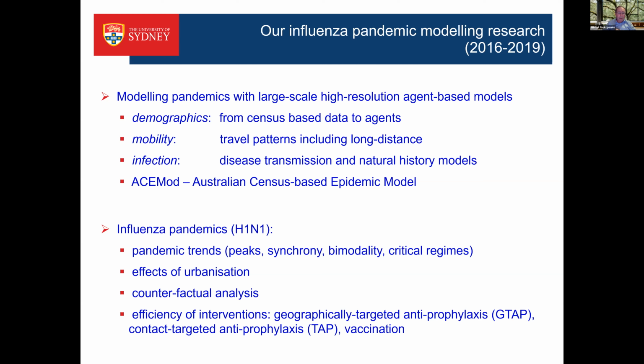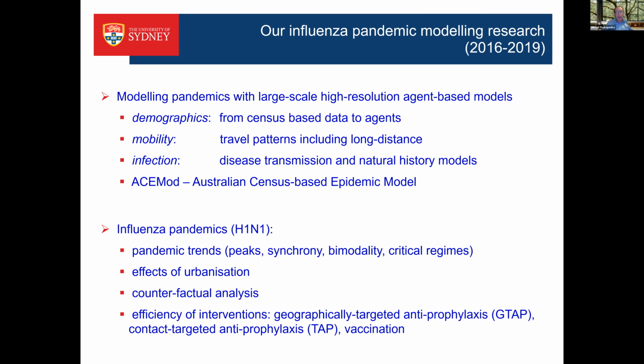So in terms of research questions, and I'm switching the context here, you could answer very interesting questions, not only in terms of predicting the peak, but you could ask how synchronous or asynchronous the development and diffusion of the disease is across a nation. Do you have one wave or two waves, like this bimodality? Do you have maybe some important critical regimes or tipping points? You could look at the effects of urbanization comparing across different years.